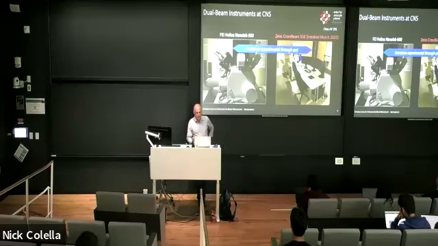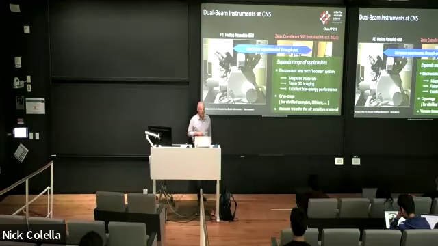Together with the Helios, we also have from Zeiss the Crossbeam 550. And this second tool allows us to expand our range of materials that we can work on. So for example, a major difference between the two SEM columns is that we have here an SEM column with an electrostatic lens at the bottom, which allows us to work on magnetic material, which is not possible in the Helios.